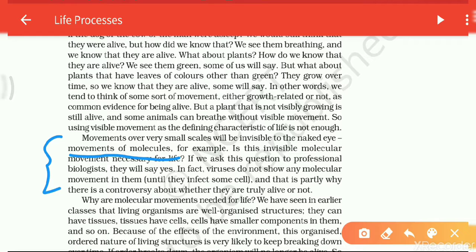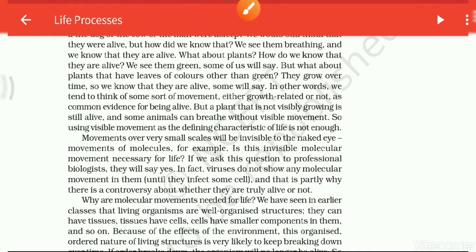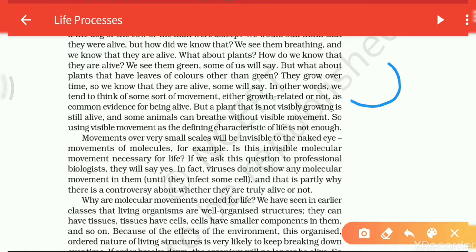In fact, if we talk about viruses, they come under the borderline between living and non-living things. A virus is a non-living thing outside in the environment, but when it goes inside a living body, it can show molecular movements and shows that it is alive in the host body.